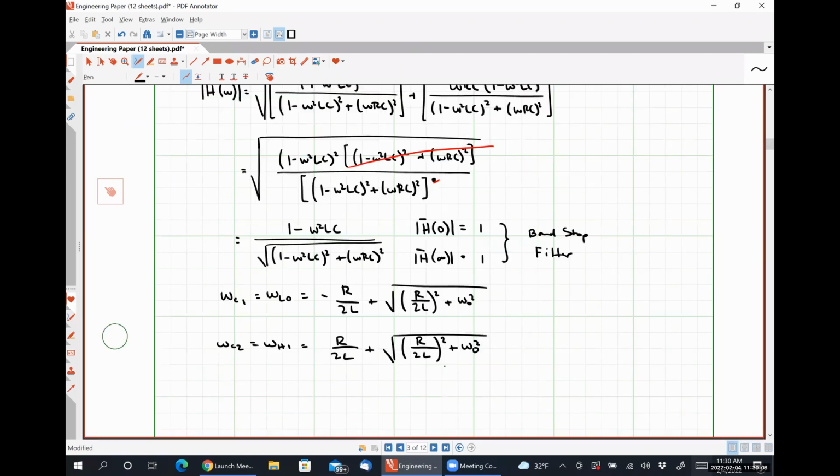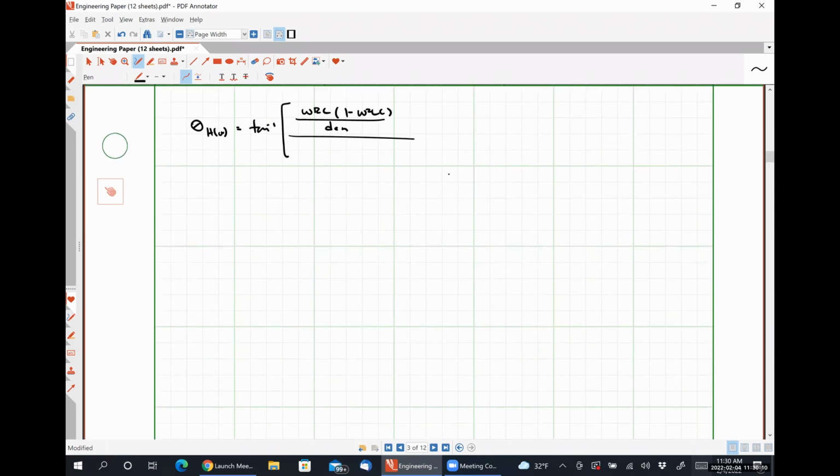And for our real part, we had 1 minus omega squared LC quantity squared divided by that same denominator. These guys cancel each other out. This guy cancels one of these powers, and we are left with the inverse tangent of omega RC divided by 1 minus omega squared LC.